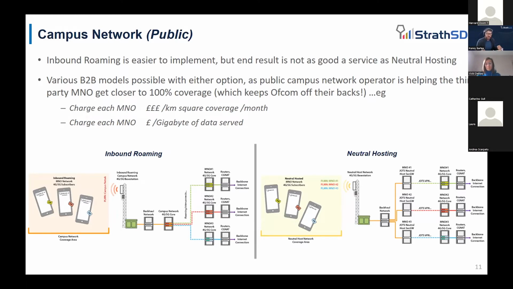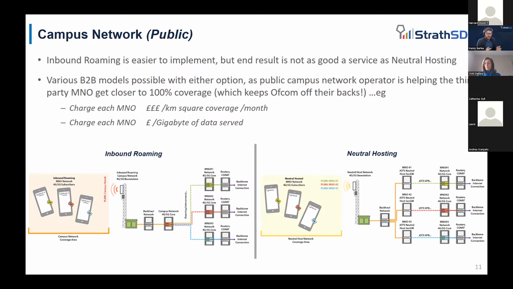With both options, you've got various business-to-business models possible, because the campus operator is essentially doing the MNO a favor by providing EE coverage in a rural community for the first time. You're giving EE access to new customers. You're giving them a number more kilometers squared of coverage, which gets Ofcom off their backs for increasing their coverage across the UK.